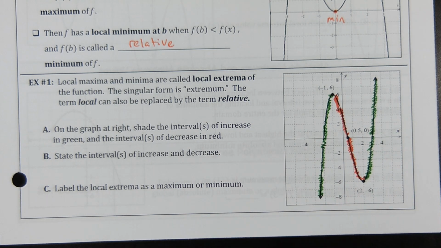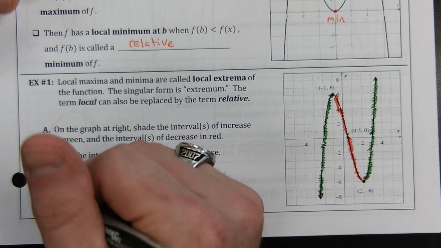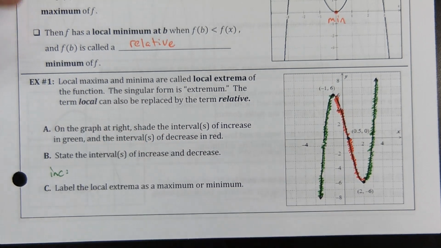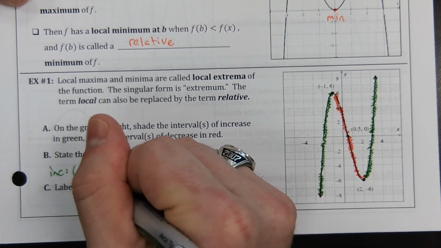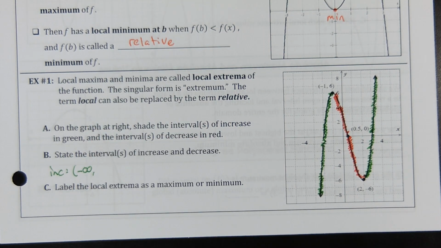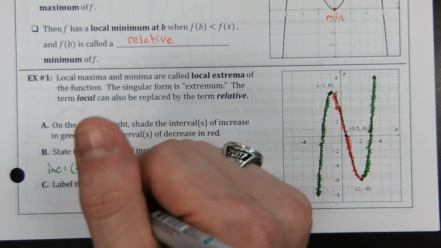And we were supposed to write these zones as intervals. So in green for increasing. Far left is negative infinity. And we stop increasing at the x value of negative 1.